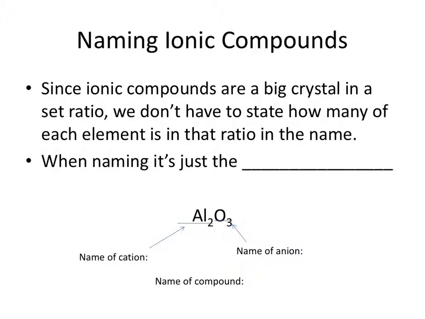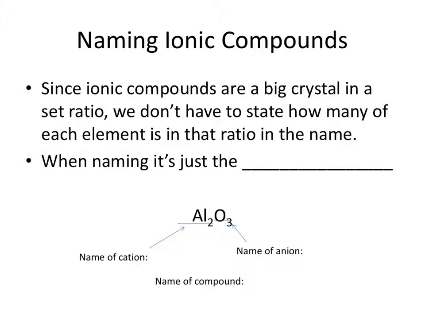Okay, so let's talk about naming these. So now we know how they form, and their formula units. But we need a way to describe how we name them. Because they're in a set ratio, we don't have to state how many of each element are in the ratio in the name.